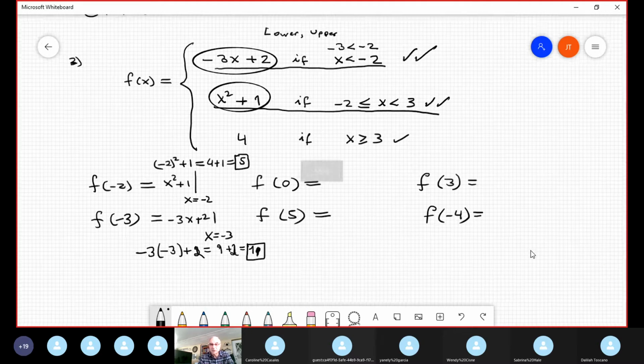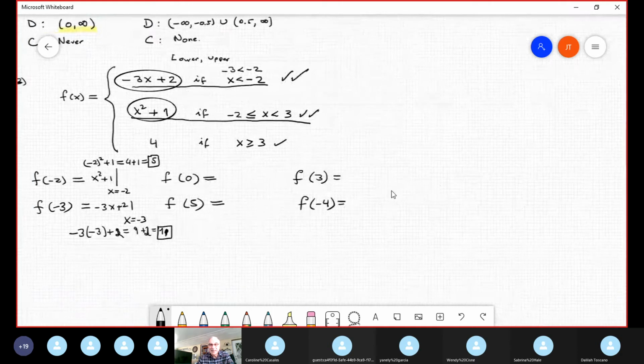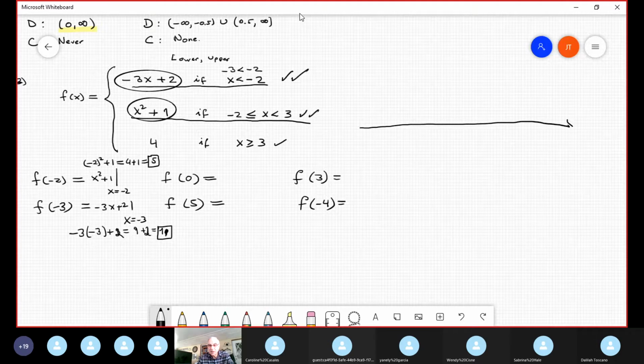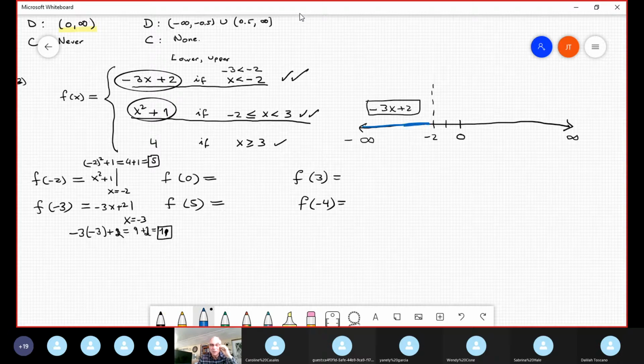Okay, listen to me. A representation to understand much better. This is my x value. This is the domain. We have 0 in the middle. This is positive infinity, this is negative infinity. So we have the transition points, negative 2, and 3. Before negative 2, less than negative 2, this expression is valid: negative 3x plus 2, in the blue interval.